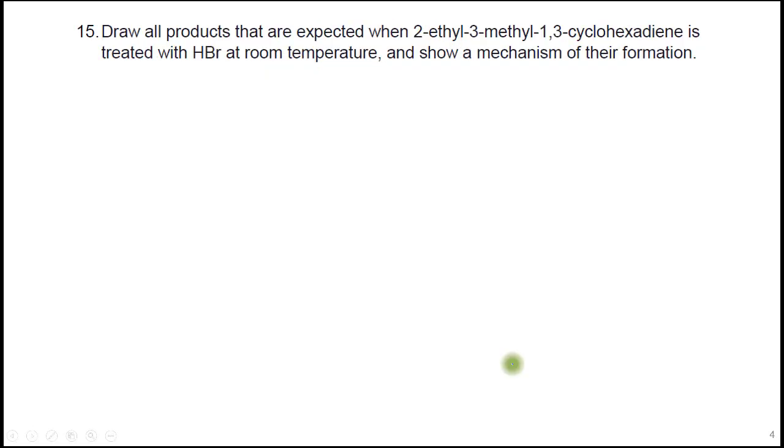All right, here we're looking at methyl cyclohexadiene. At 2, we have an ethyl, methyl at 3, HBr. This is at room temp, so we're going to expect a couple of different products here.